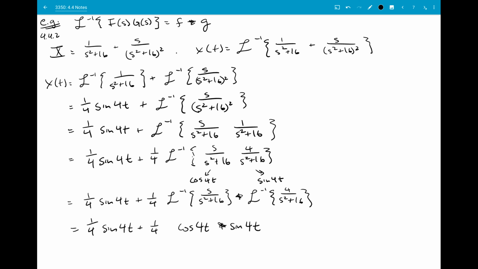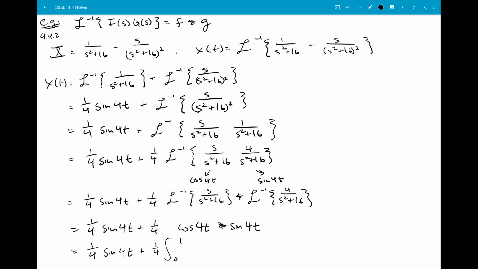And so from here, I have to compute that convolution. Since there's two trig functions here, it's going to be a little bit lengthy. So I'm going to go ahead and write that definition right here, and then in the next video we'll actually pick up and compute that convolution.